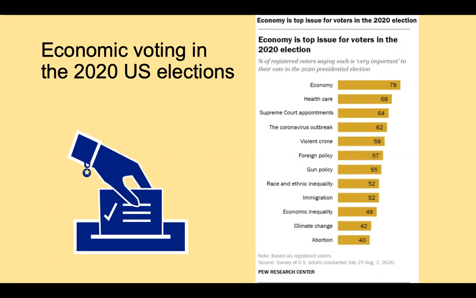And what's interesting is to think about how we could compare elections. We could find an election where the economy was a less important issue, and compare it with elections where it was more important, and try to figure out what was going on during those elections. Was there an economic recession at that time? Was there a slowdown that was affecting people in a particularly significant way?